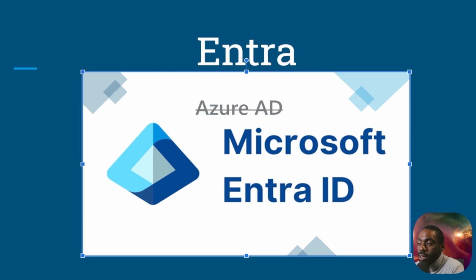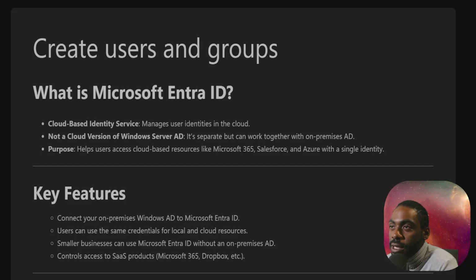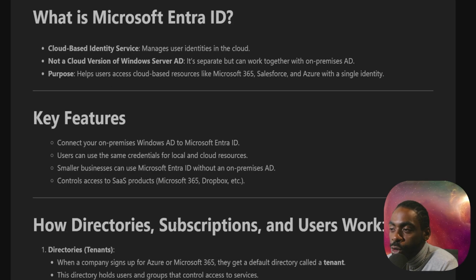Anyways, let's talk about Entra. So what is Microsoft Entra ID? Well, Microsoft Entra ID is used to create and manage users and groups and their access to devices and applications inside of your organization. Some of the key features of Entra include connecting your on-premises Active Directory to Azure, allowing you to use the same credentials for local and cloud resources.